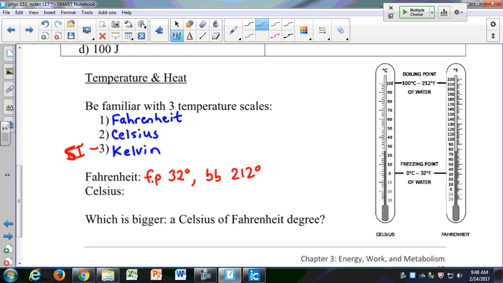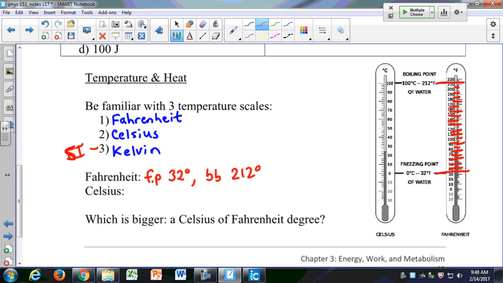They say this temperature, 212 degrees, we will define as the boiling point of water. And the temperature at which water freezes, we define as 32 degrees.